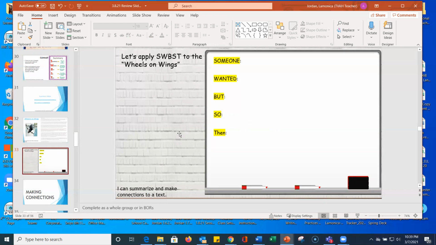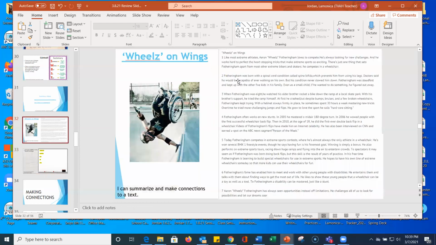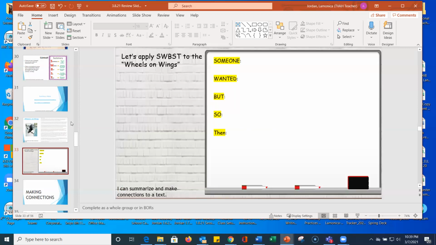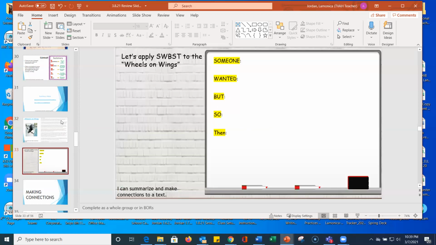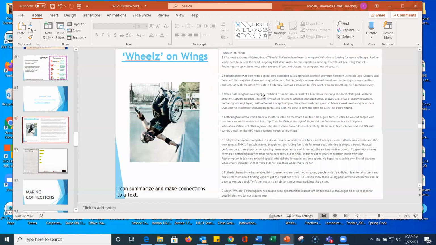All right, now that you've gotten that done, the somebody, of course, is Aaron Fotheringham, aka Wheels. He wanted to do cool tricks like his brother did on his bicycle, but he has spina bifida and cannot use his legs.